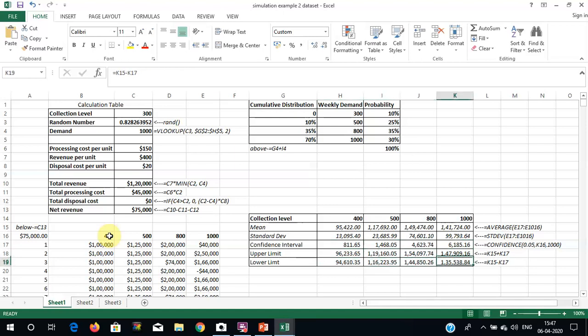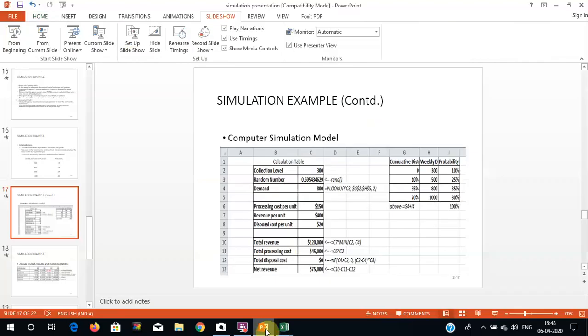So the statistics of the output also need to be analyzed before we can say which is the best. If I do a quick check, then the 800 level looks like the best level, the most acceptable policy to me.